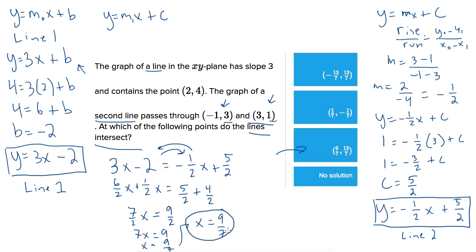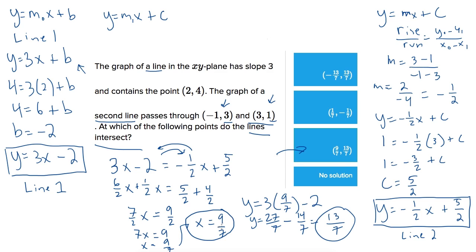But if we want to double check, what we'll actually do is plug 9/7 into one of our equations and solve for y. So we would get y equals 27/7 minus 2, which would be 14/7, which equals 13/7.